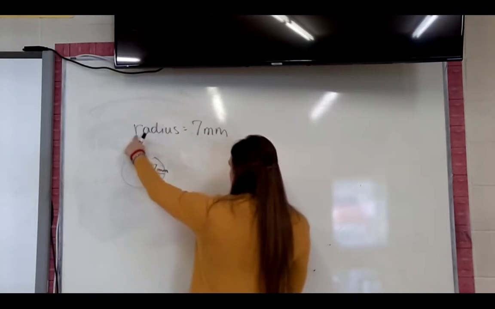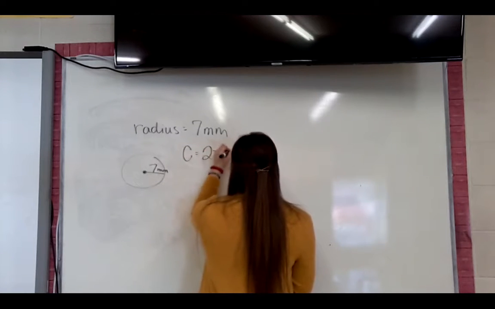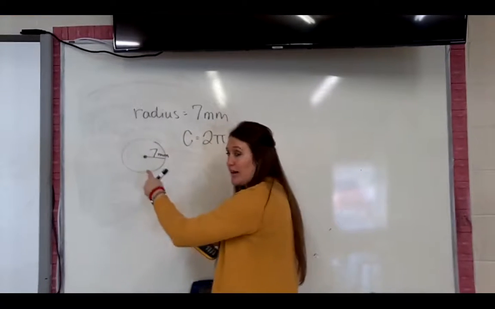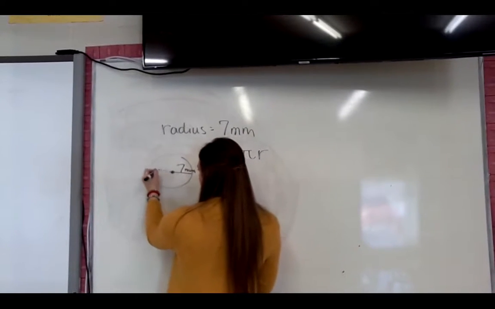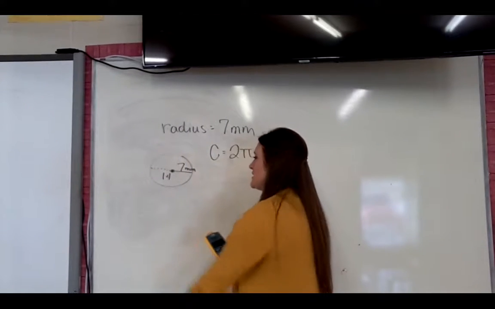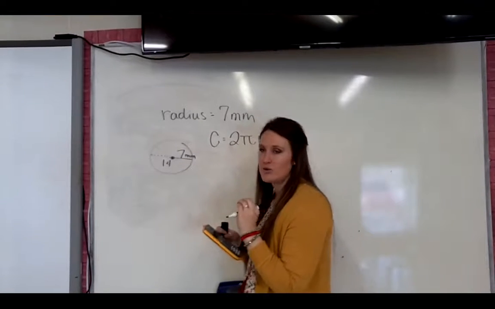So it starts with an R, so you have to use the formula with the r, 2 pi r. Okay, you don't necessarily have to if you can figure out what your diameter would be. If halfway is 7, all the way across would be 14. Then you could use pi d because the diameter would be 14. You have to know the difference between radius and diameter.